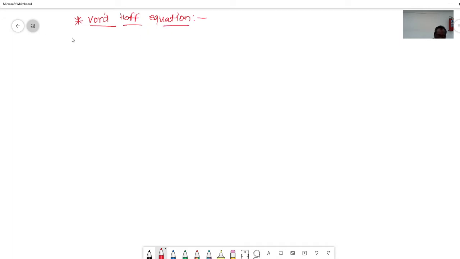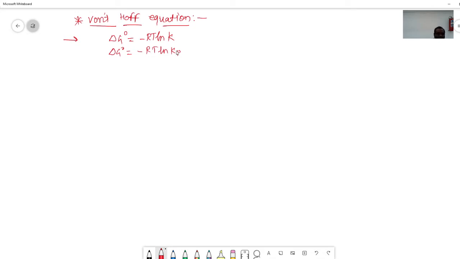So let's start. Now we have seen that delta G0 is equal to minus RT ln K. This equation can be written as delta G0 is equal to minus RT ln Kp when we are using the partial pressure, right?